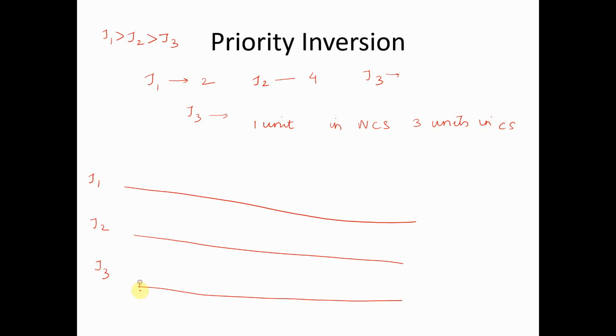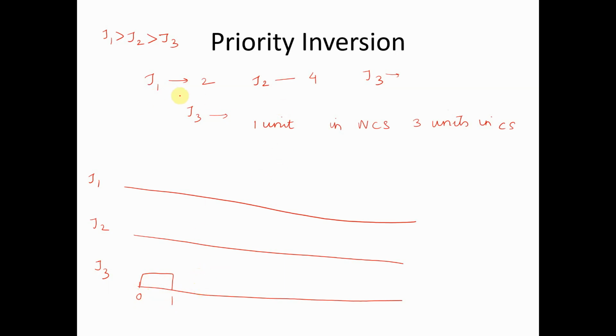So at time 0, we only have J3, which will execute for 1 unit in non-critical section. For better understanding, I will represent non-critical section as the part that is not shaded. So from 0 to 1, J3 gets executed, that is 1 unit in non-critical section.